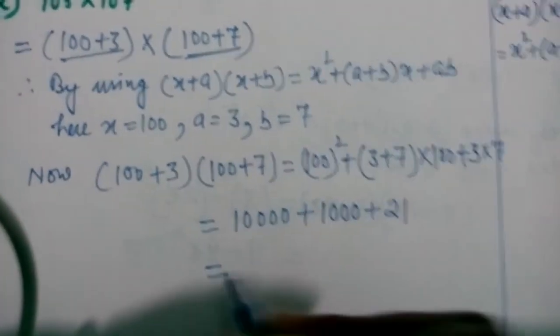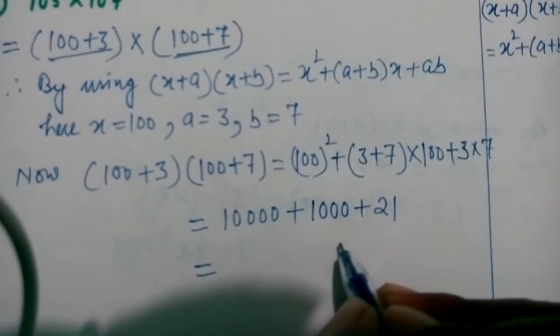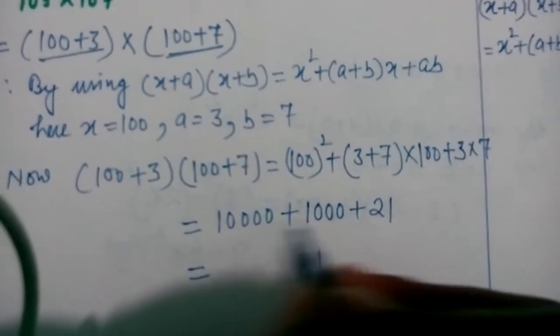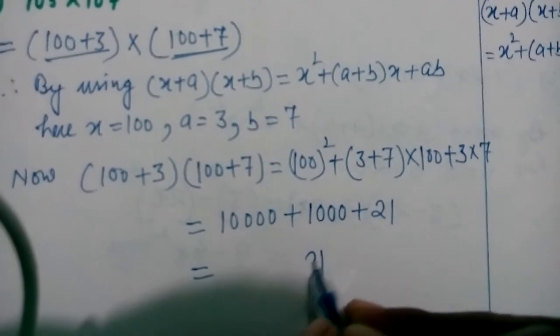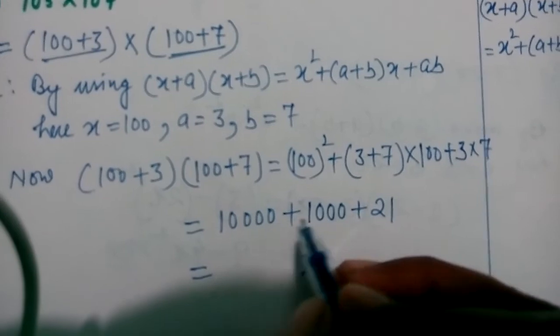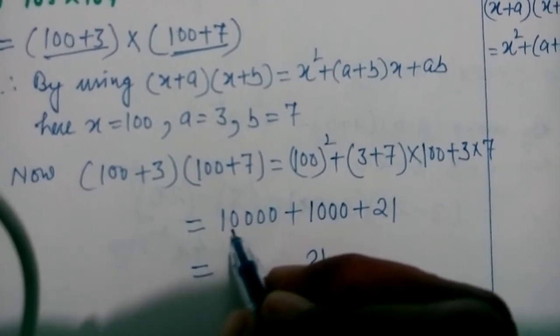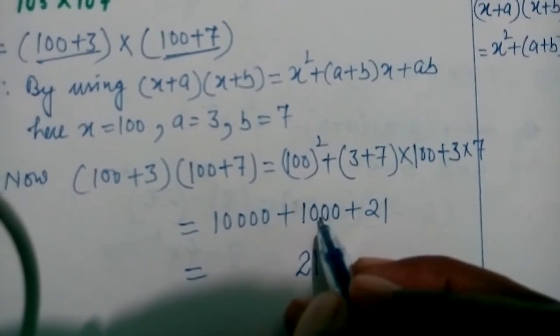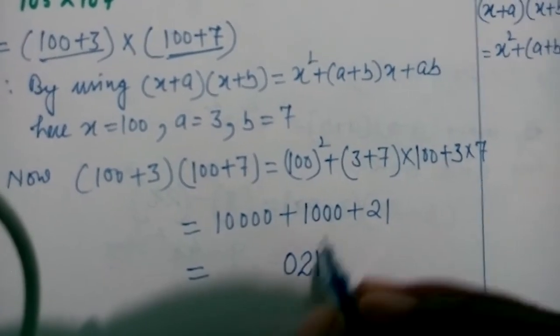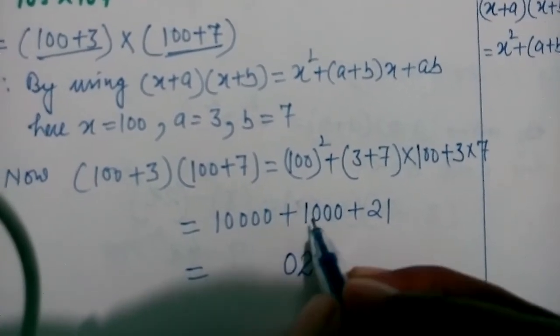Now just add these. 1 plus 0, 0 plus 0 plus 1, it will remain 1. 0 plus 0 plus 2, it will remain 2. Then the third 0, 0 plus 0 plus 0, you will get 0.